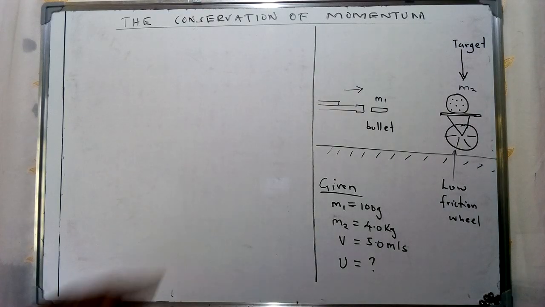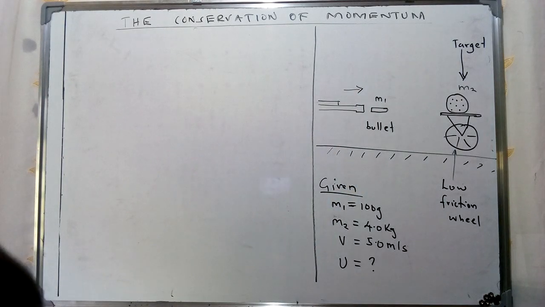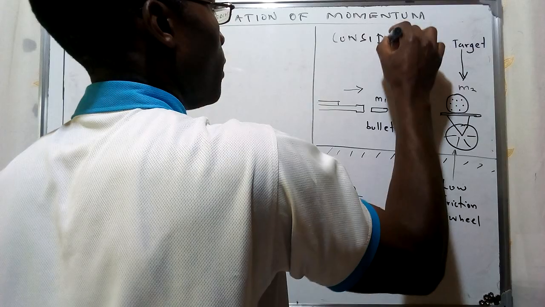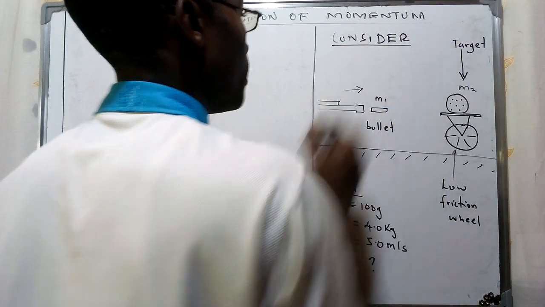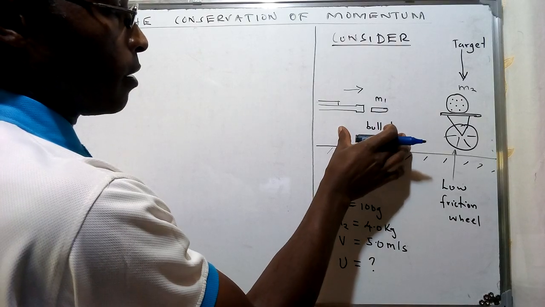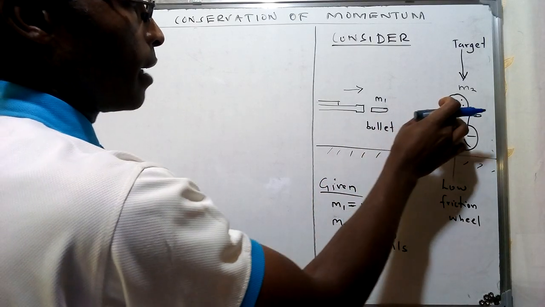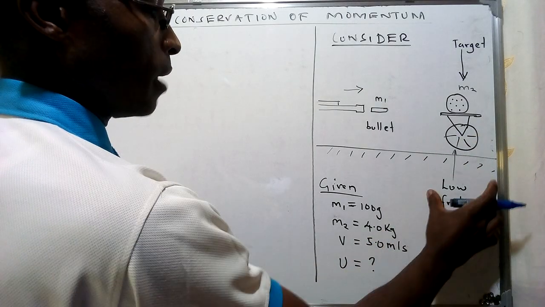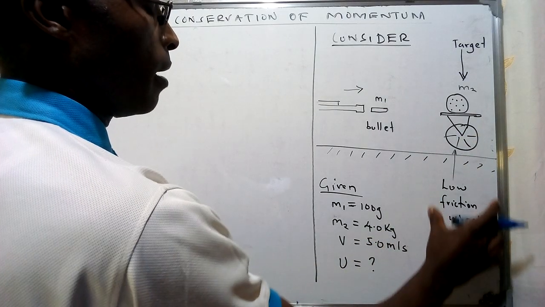Now, we are going to look at a kind of question set, where we consider an object released from the nozzle. So this is going to be a bullet. This bullet is going to be fired at a particular target, which is situated at a particular point on a platform that is a low friction wheel kind of setting.